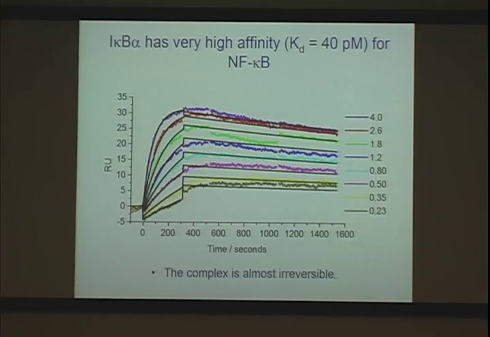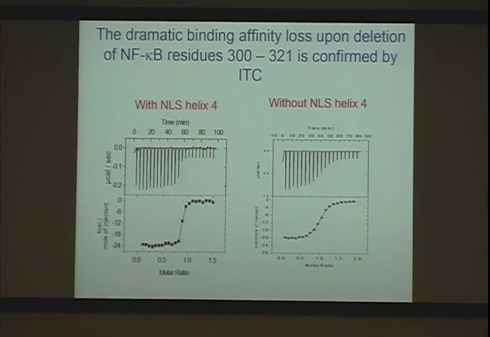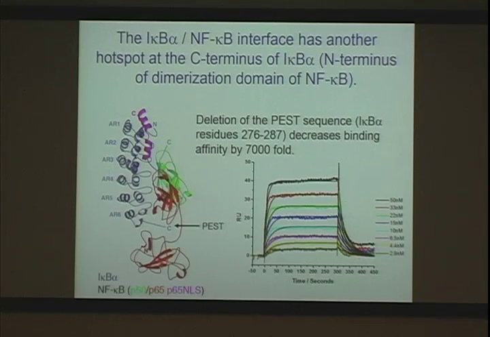This is exactly the same SPR experiment as before, except we no longer have this little helix on the end of the protein, and the binding is about 8,000-fold weaker. This is just showing that we could recapitulate those results with isothermal titration calorimetry, so this isn't some kind of SPR artifact for those of you who don't like SPR.